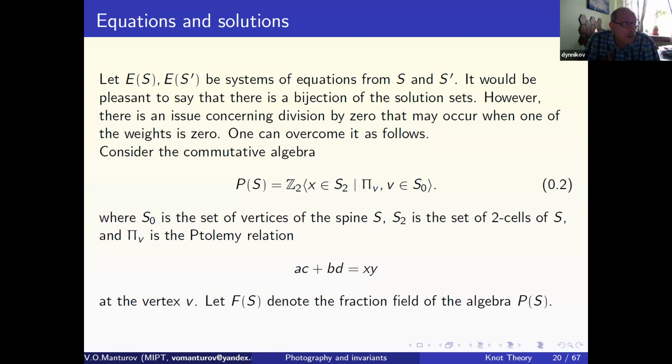And the problem with using this invariant is how to compare. You have two invariants for two manifolds, but this is more or less the same as analyzing SL2 representations of the fundamental groups. So why do we need this construction when we can directly define this variety?